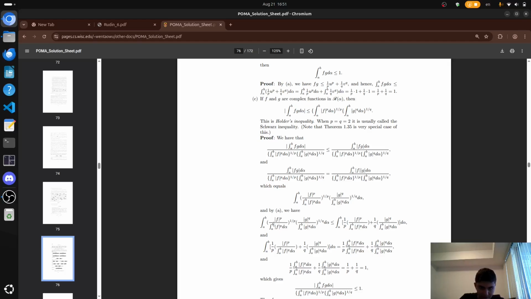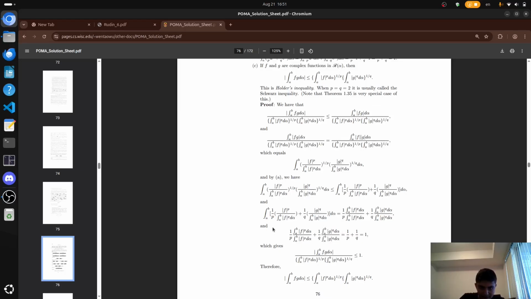This thing, the integral of u times v, like this, is less than or equal to the integral of 1 over p times this, without having the exponent 1 over p and without having the exponent 1 over q, because we exponentiated them and did them times 1 over p plus 1 over q to get this inequality over here.